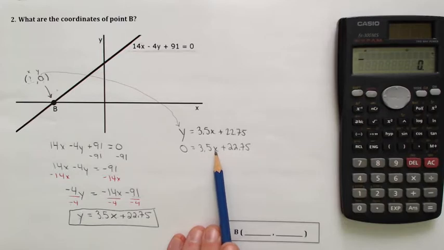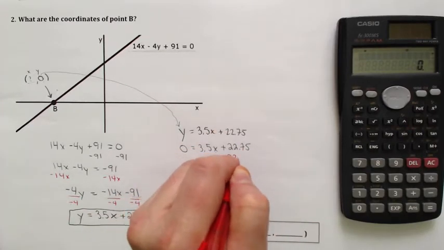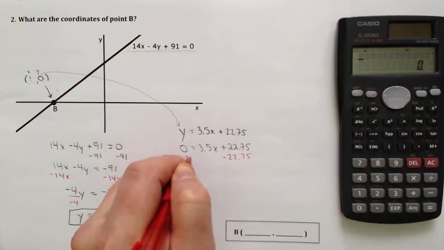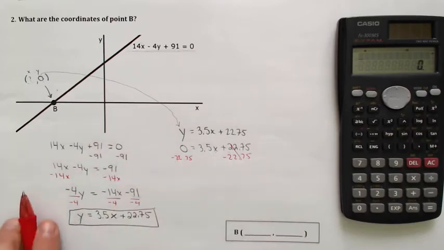So what I'm looking for is this x. Now I'm going to isolate this x by subtracting 22.75 from both sides, from the left and from the right, making it go away there, but impacting the left-hand side.